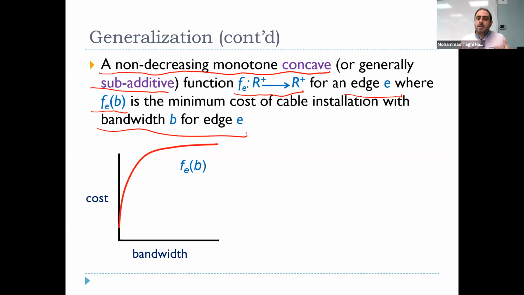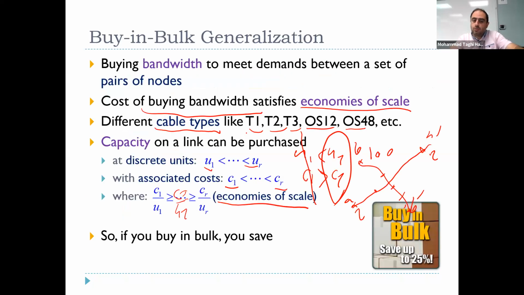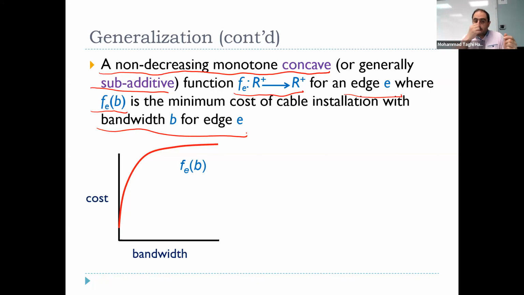So what is this one? It says that, okay, I have a function. We talked about this U1, U2. I can maybe generalize this one, and that's where things become more interesting and theoretical. It's like a generalization of buy-at-bulk, of course, but also the Steiner forest. So now for each edge, I have some cost, and this is the minimum cost of a cable installation with bandwidth B for edge e.